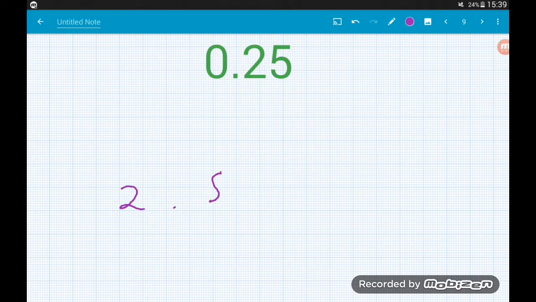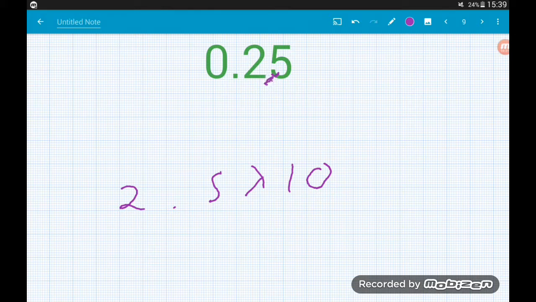Now remember, when we're dealing with these small numbers, we're going to have a negative power of 10. The negative power basically moves our decimal to the left. What these negative powers do, they tell us how many times to divide this number by 10. But you can think of it as just moving the decimal point to the left. So let's see then, we put a decimal between 2 and 5, then how many places does it have to move to get to where the original decimal was?